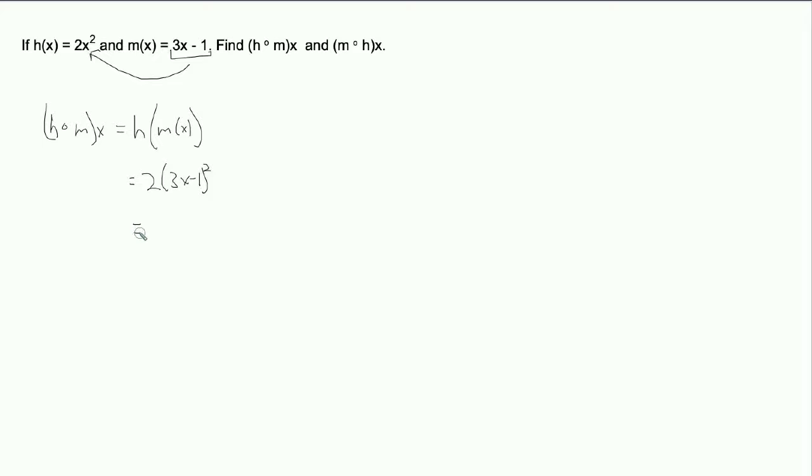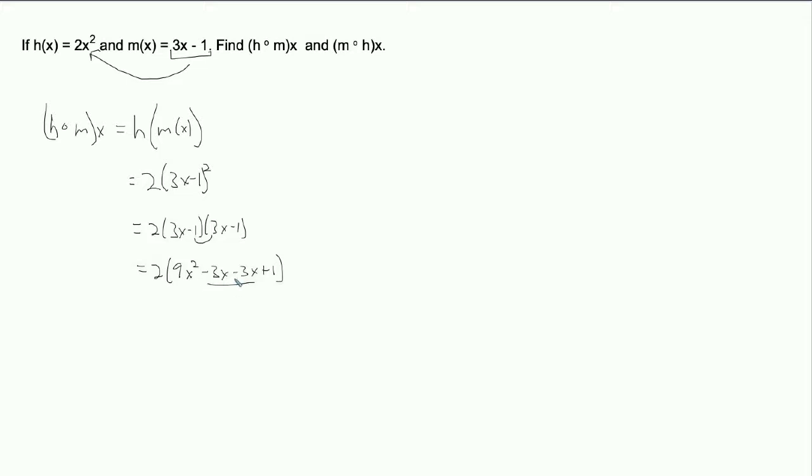And we can simplify this. 3x minus 1 squared is multiplied by itself. So we have 2. We'll leave that and we'll just multiply at the end. So multiplying this out, we get 9x squared minus 3x minus another 3x plus 1.